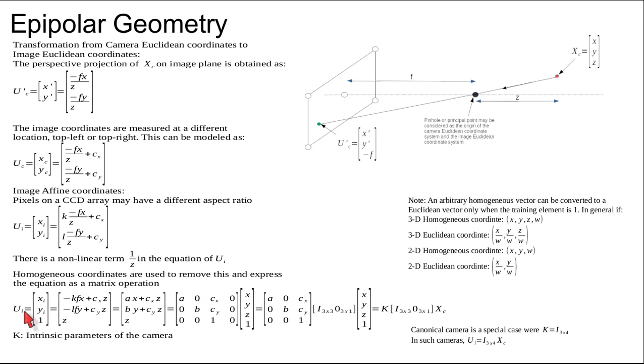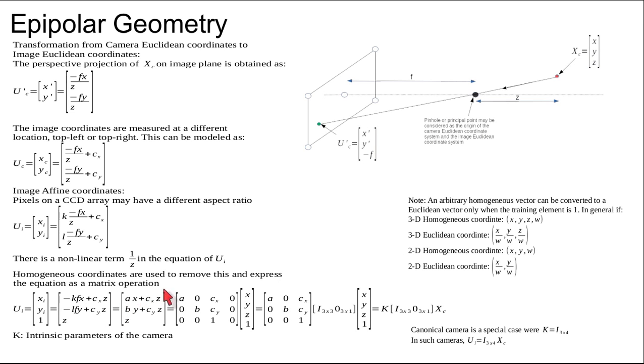Using homogeneous coordinates, we get ui equal to xi yi 1, which is equal to minus k f x plus cx multiplied by z, minus l f y plus cy multiplied by z. And then you get the z term here. This is equivalent to a x plus cx z, b y plus cy z, where we have taken minus k f, small k f, to be a and minus l f to be b.